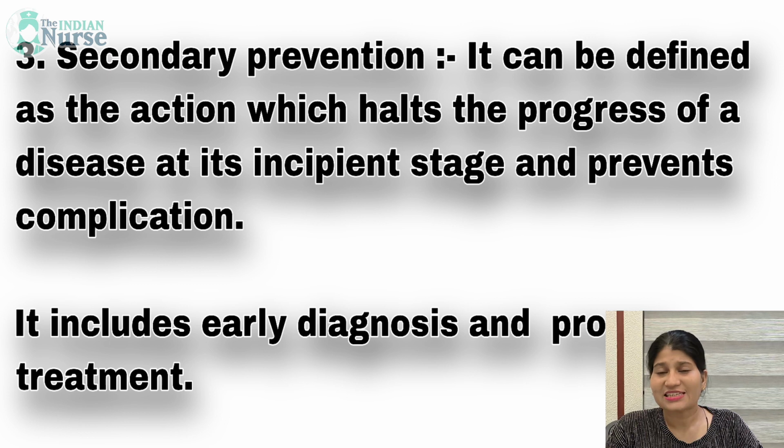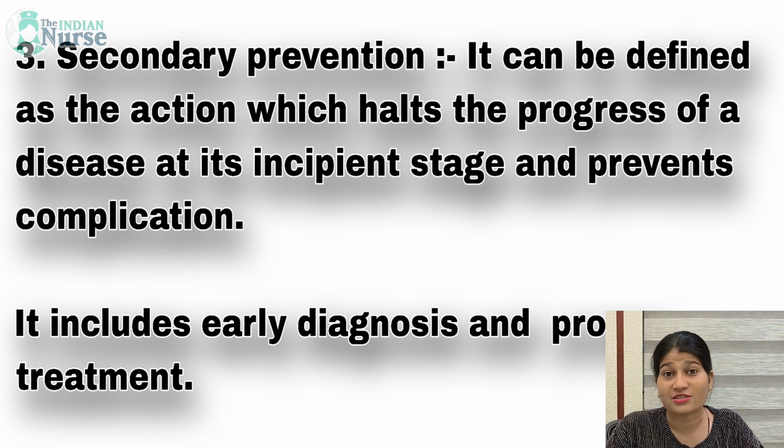Next one, secondary prevention. It can be defined as the action which halts the progress of disease at its incipient stage and prevents complications. Here the disease has already come, for example diabetes mellitus.